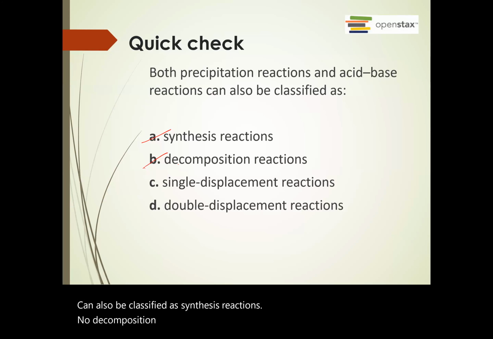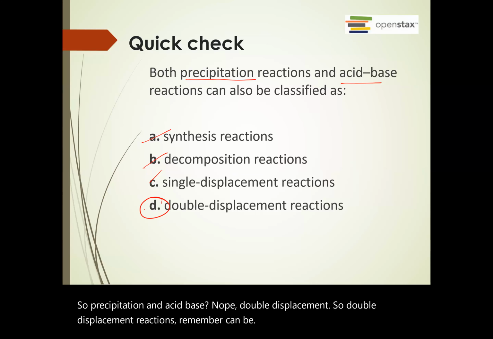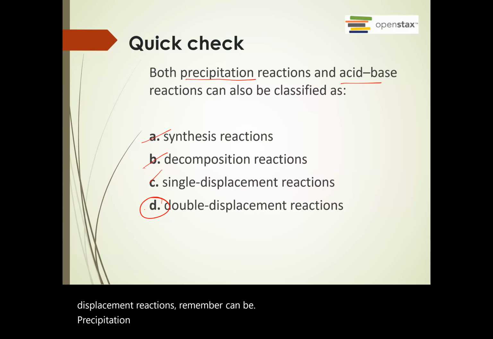No. Single displacement reactions? So precipitation and acid base, nope, double displacement. So double displacement reactions, remember, can be precipitation reactions or acid base reactions and the gas forming reactions. Those are all types of double displacement reactions. Actually kind of cool.